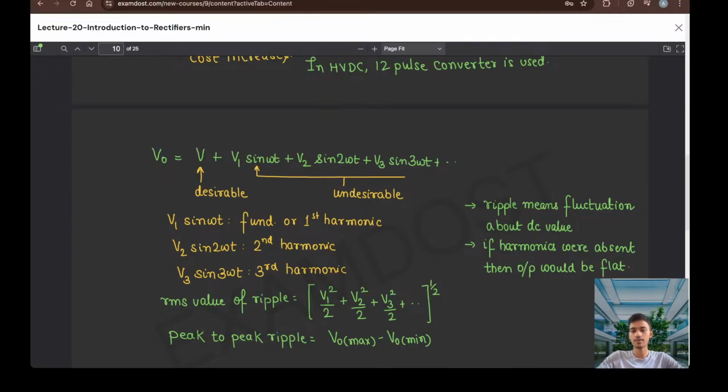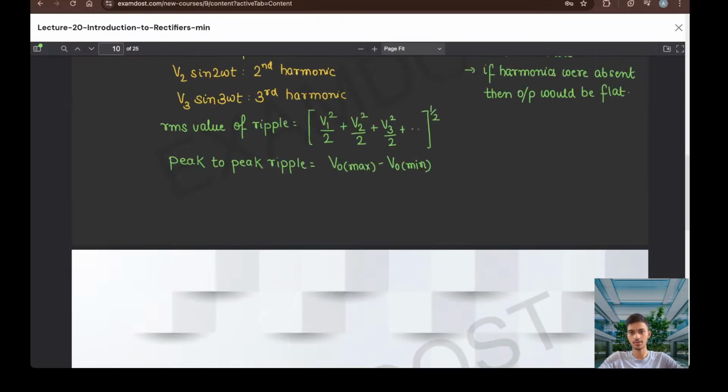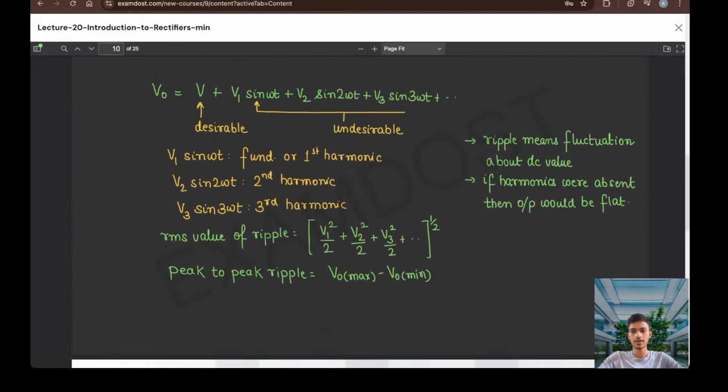VO has a desirable DC part and an undesirable part, all the harmonics: fundamental, first harmonic, second harmonic, third harmonic, and so on. The RMS would be the square root of V1 squared by 2, plus V2 squared by 2, plus V3 squared by 2, and so on.